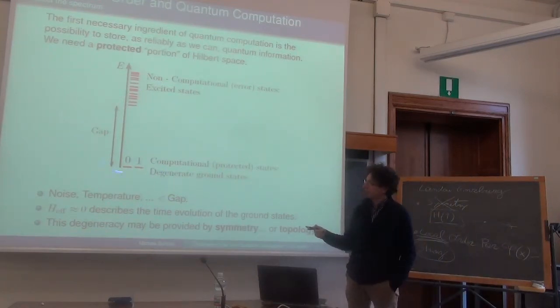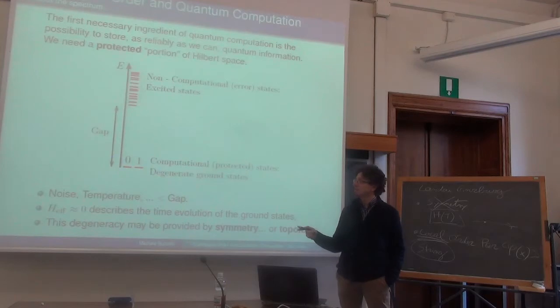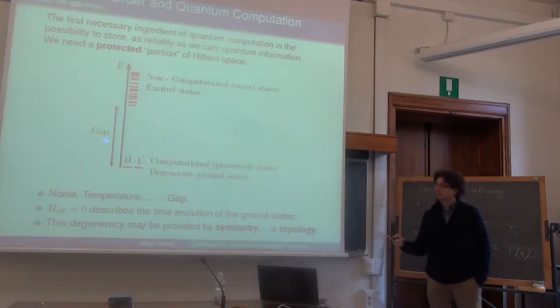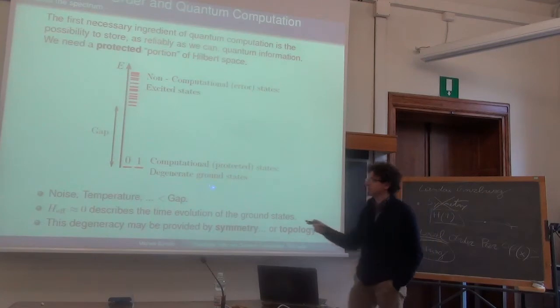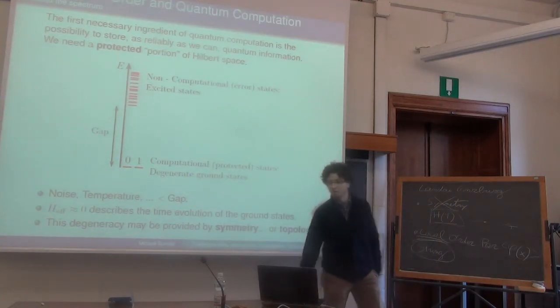You will have a set of degenerate or almost degenerate ground states that are separated with a big gap from all the other states in your theory. And this gap essentially provides the first protection of the information that you want to encode in this small portion of the Hilbert space.